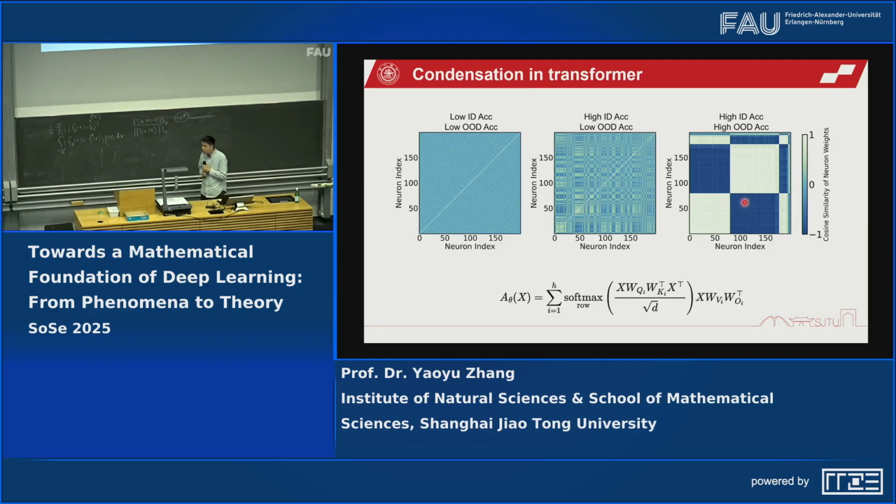Still, you can see, no matter whether it is a 2-layer fully connected network, or a convolutional neural network, or a transformer, or some new neural networks in later times, you should expect condensation, depending on the scale of initialization. So it's quite a general phenomenon you can easily observe. And you can also observe it on WK, WV or WO.